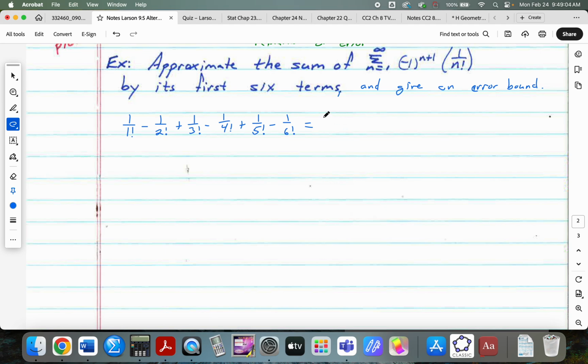So let's see. That's 1 plus a half plus 1/6 plus 1/24 plus 1 over 120 plus 1 over 720. And I'm sorry, I forgot to put the negatives in. Minus here, minus here, minus here.